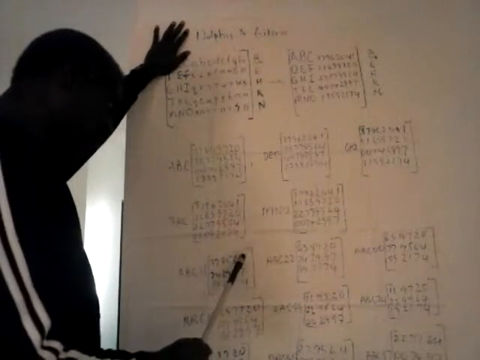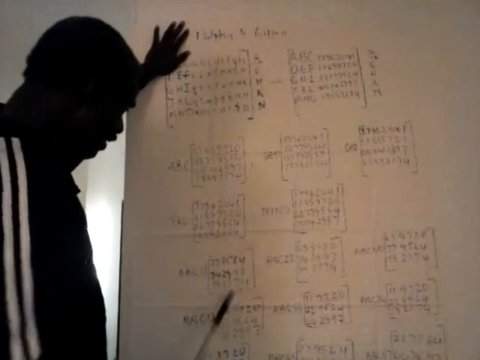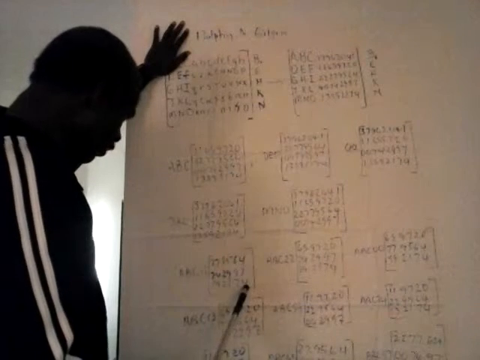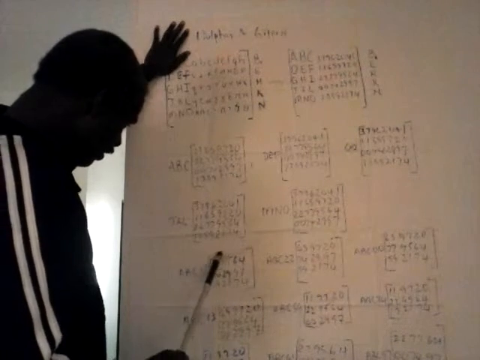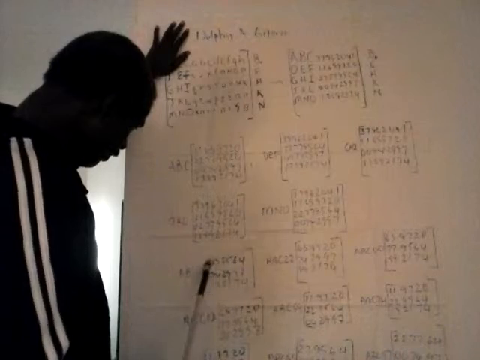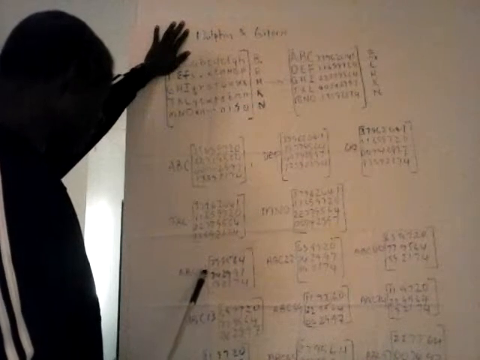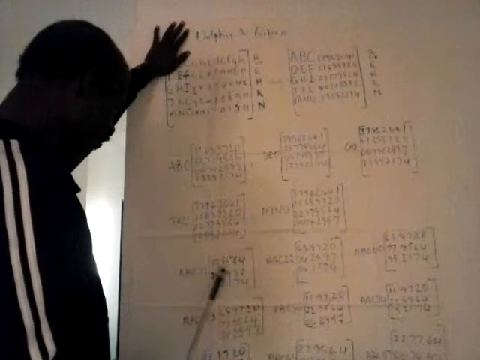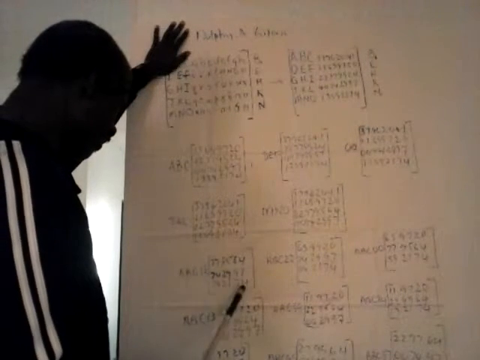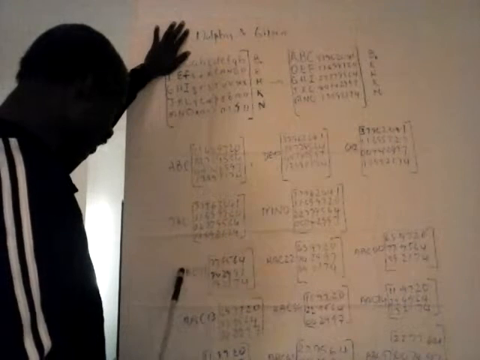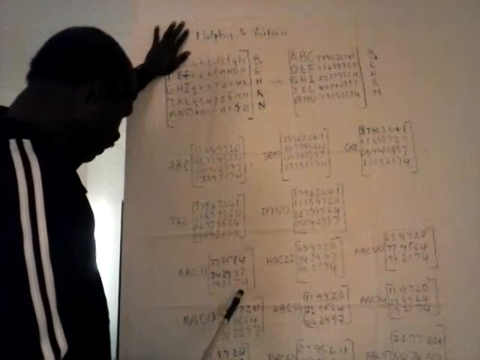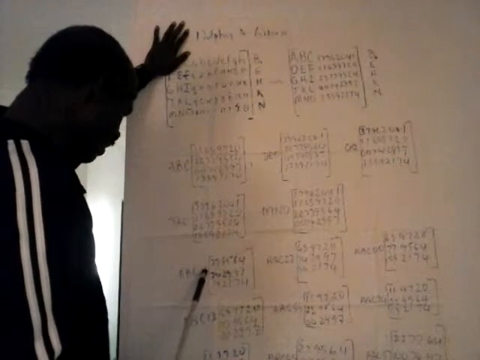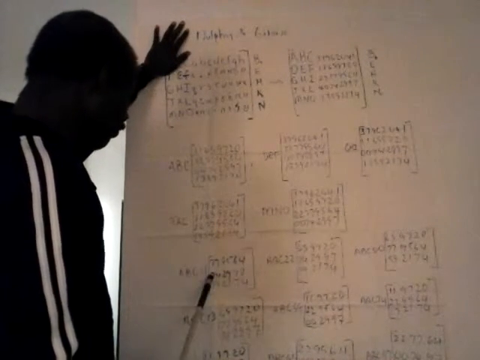And similarly for the 64, 97, let's do the last one, ABC 11, 74. So we strike out 74, and we're left with this. So the output would be ABC 11, 74, 77, 29, ABC 11, 74, 95, 74, ABC 11, 74, 29, 77, ABC 11, 74, 74, 95.